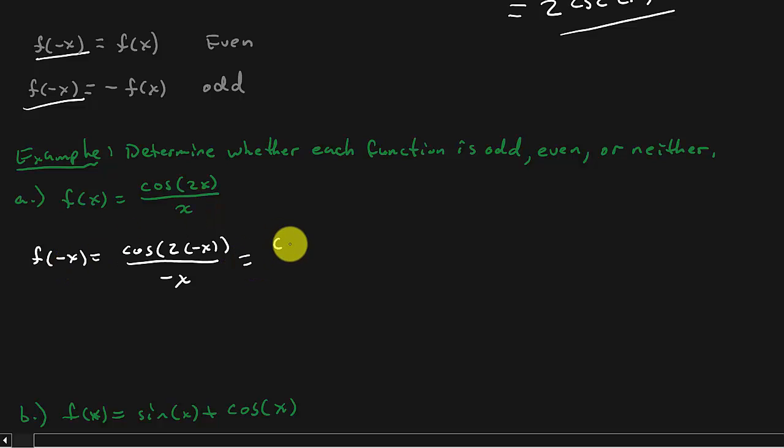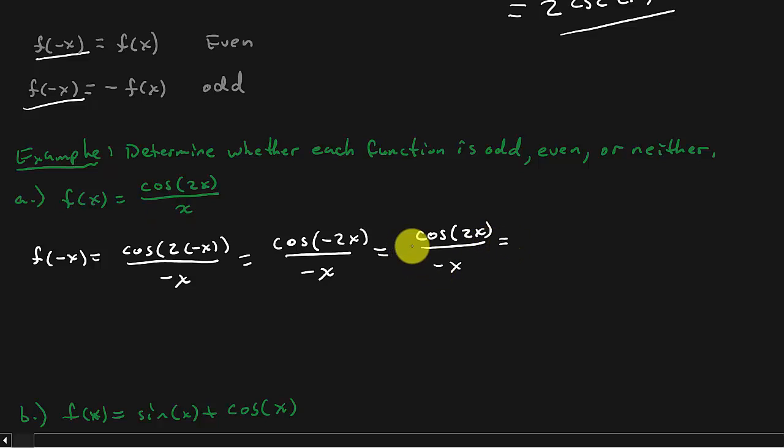So that's going to be cosine negative 2x over negative x. Now remember, cosine of negative 2x, that's what? Cosine 2x. Remember those identities we had? And that's over negative x. All right? So when I plug this negative x in here, did I end up with the function? No. But look at this.